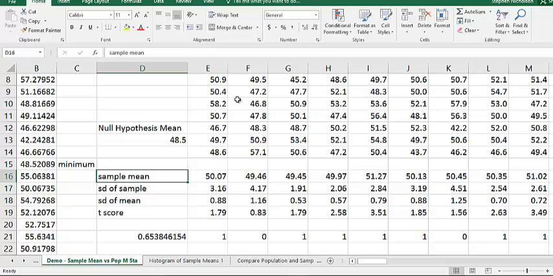And if this t-score is greater than the critical t-score, then you reject the null hypothesis, and you say that there is a statistically significant difference. If the t-score is less than the critical t-score, then you fail to reject the null hypothesis. So therefore, you say there's no difference.